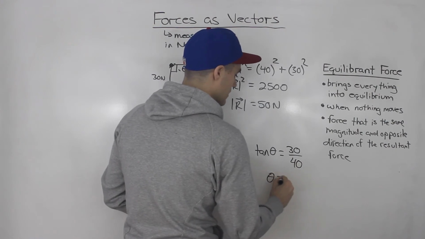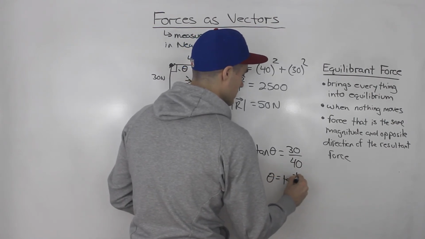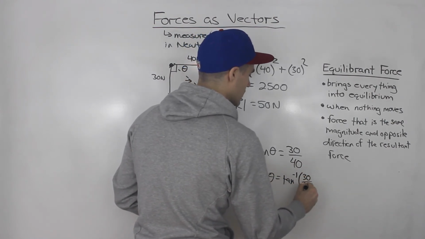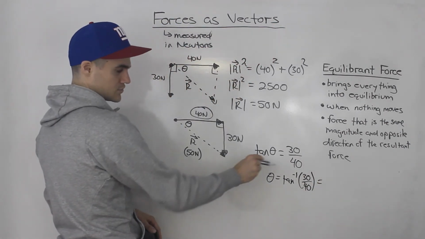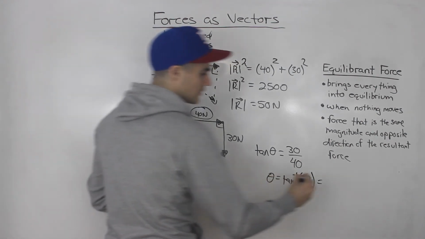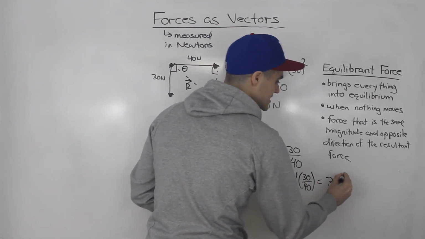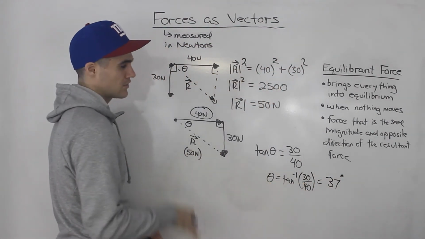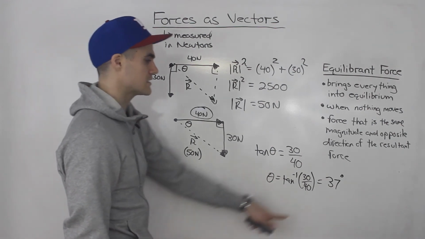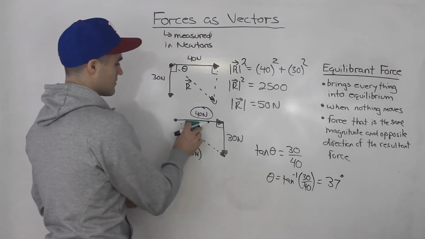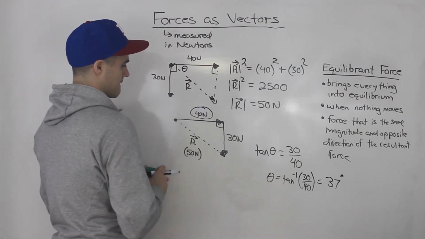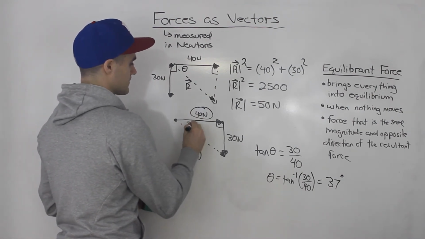So it means that theta is the inverse of tan of 30 over 40. And so when you do that in your calculator, you would end up getting approximately 37 degrees. It's going to be like 36.87, I think, but let's just round it to the nearest degree. So that angle here is 37 degrees.